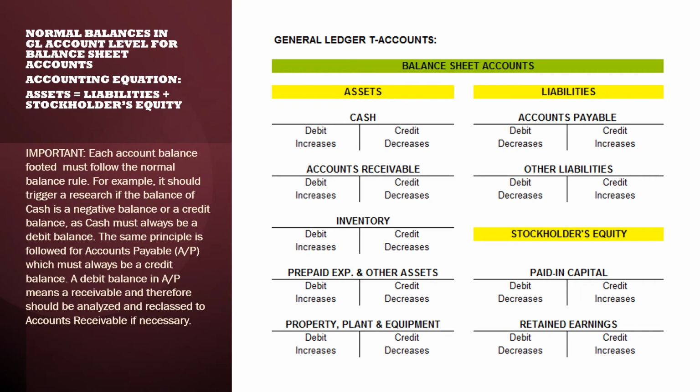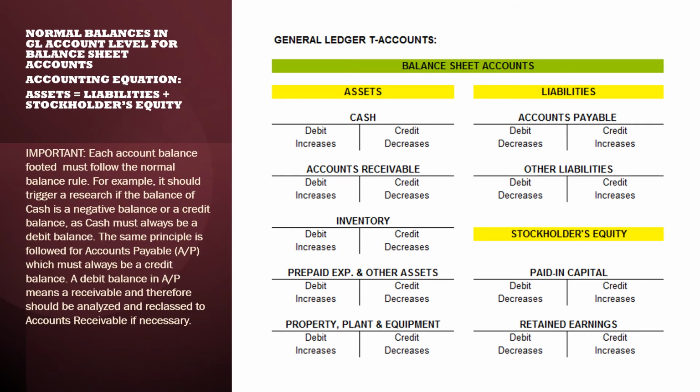But for simplicity, so that it'll be a little easier to understand, we only included here the most popular accounts that we have. And based on that, you can see that in our slide earlier, we only did an overview where you have the normal balances of the accounts based on the account category.